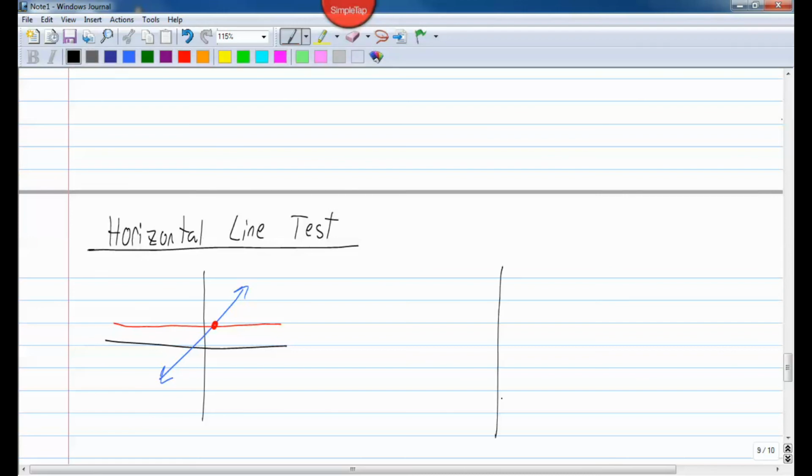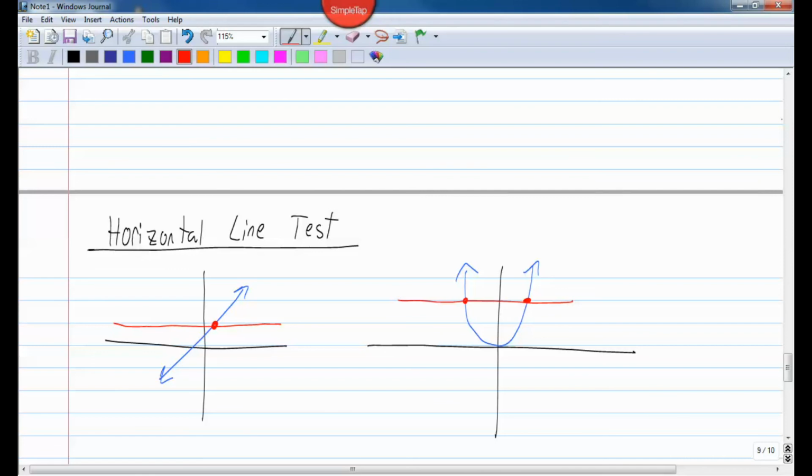Let's look at another example. What if I was given this graph? This is y equals x squared, or something of that nature. If I draw a horizontal line to find out, does this function have an inverse? How many times does that touch? More than once. It touches twice.